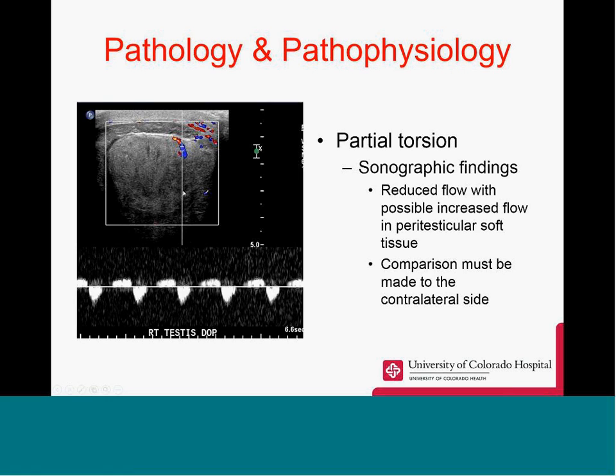We have a heterogeneous hypoechoic testicle, not much flow within the parenchyma itself. Again, we have increased paratesticular flow. We have a small little arterial vessel here with the abnormal RI. You should always compare to your contralateral side, which is hopefully normal.